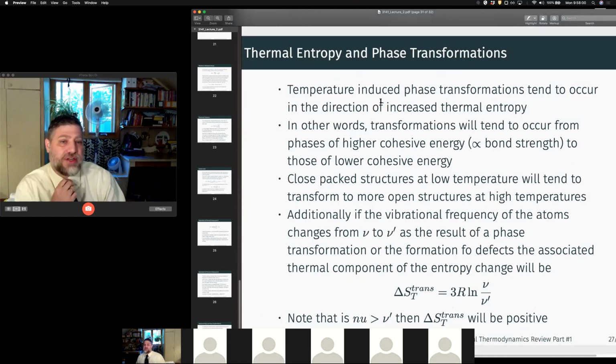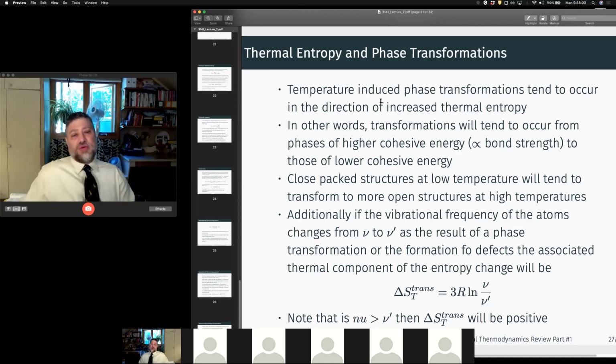Okay. Temperature-induced phase transformations tend to occur in the direction of increased thermal entropy. Okay? So transformations are going to occur from phases of high cohesive energy, bond strength, to those of low cohesive energy, right? The trivial one is melting, right? We have a solid material going to a liquid, right?